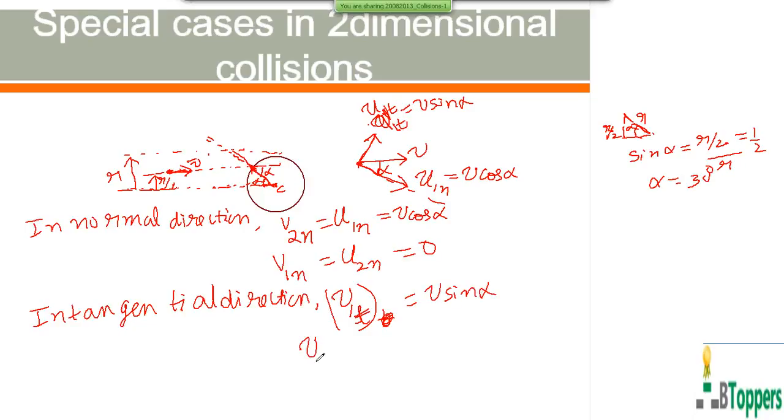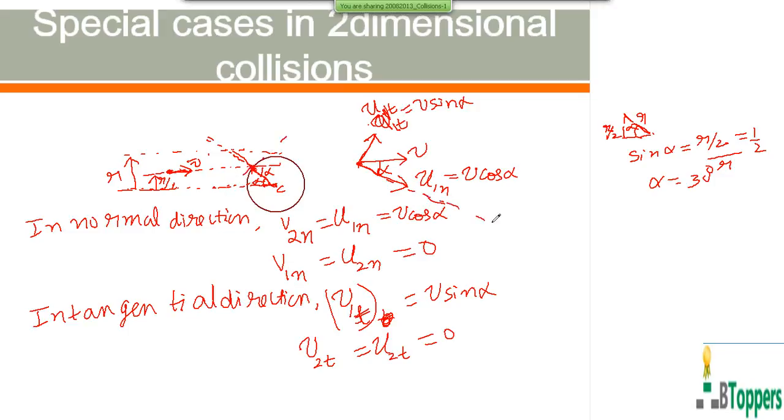And the final velocity of the second sphere in the tangential direction is the same as its initial velocity in the tangential direction, which before collision is 0. That means after the collision, the sphere will have no velocity in the tangential direction.